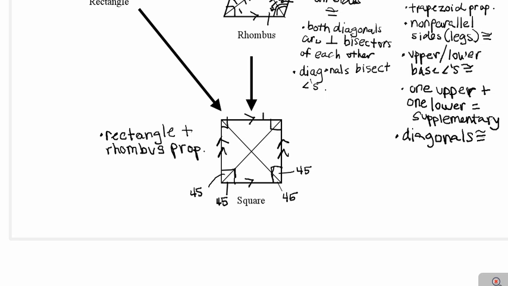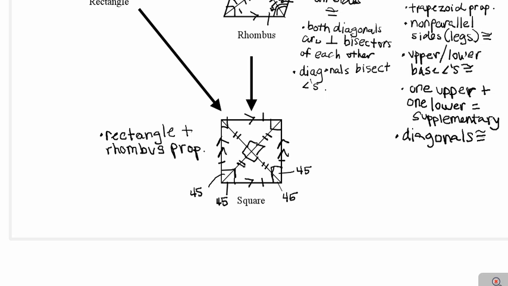Actually, opposite sides are congruent and all four sides are congruent since it's a rhombus, so I put the congruent tick mark. We know that since it's a rhombus the diagonals are perpendicular bisectors of each other, and since it's a rectangle, those diagonals are also congruent, so they're all going to have the same tick mark. And so those are all of the properties that you'll have to know about a square.